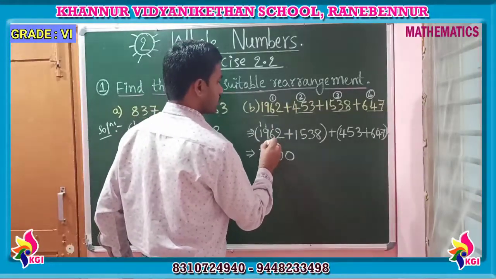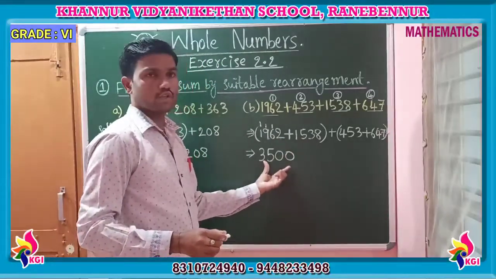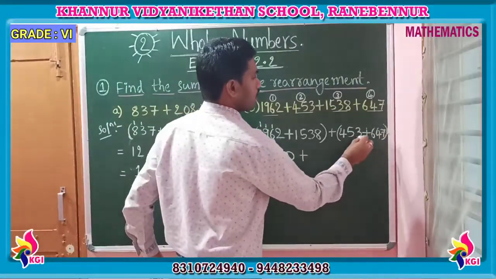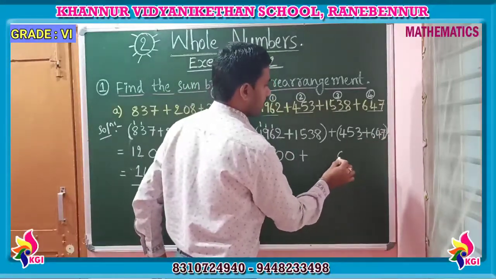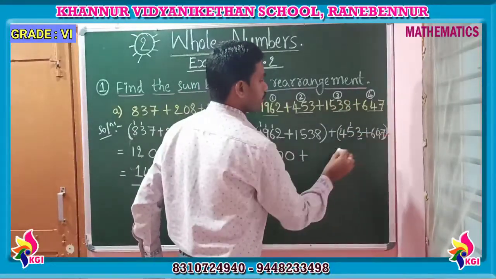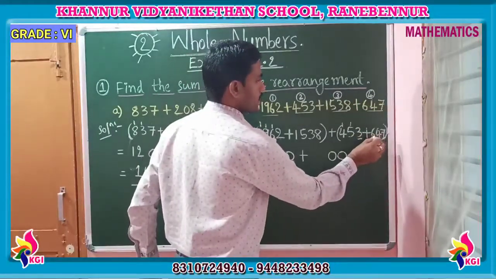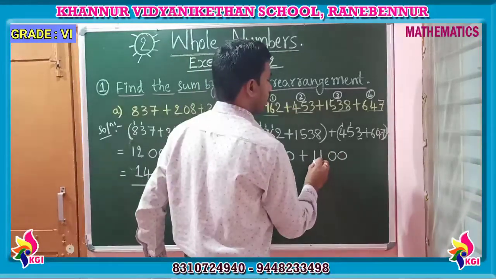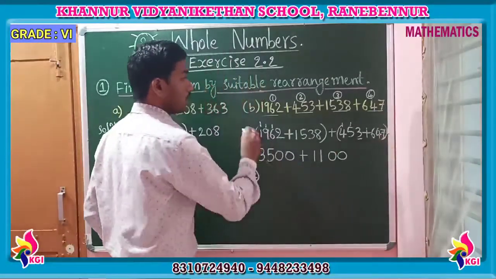So the sum of 1962 and 1538 is 3500. Then we add 453 and 647. 3 plus 7 is 10, carry 1, then 5 plus 1 is 6, 6 plus 4 is 10, carry 1, 1 plus 4 is 5, 5 plus 6 is 11. So 1100 is the answer of these two numbers.